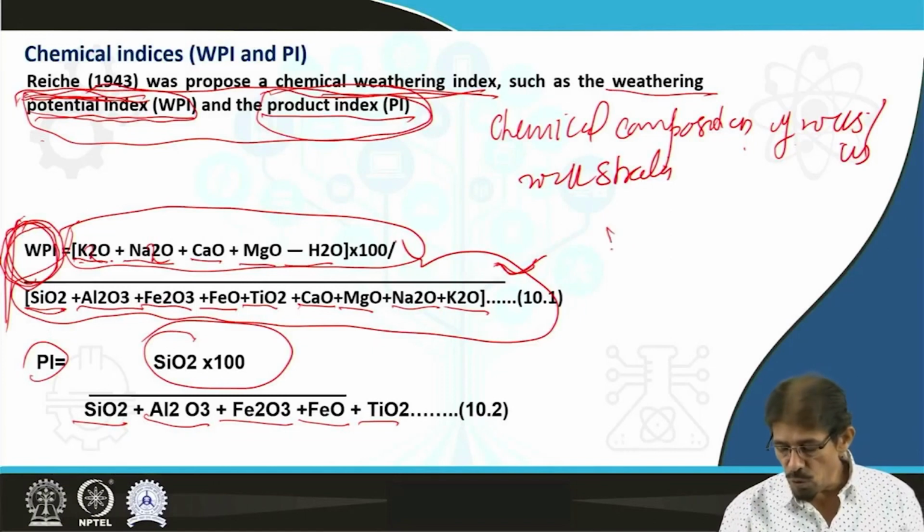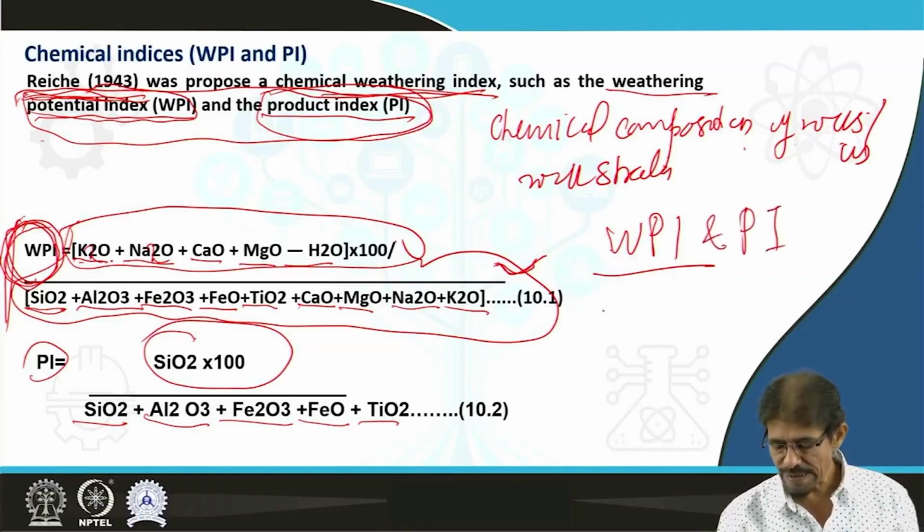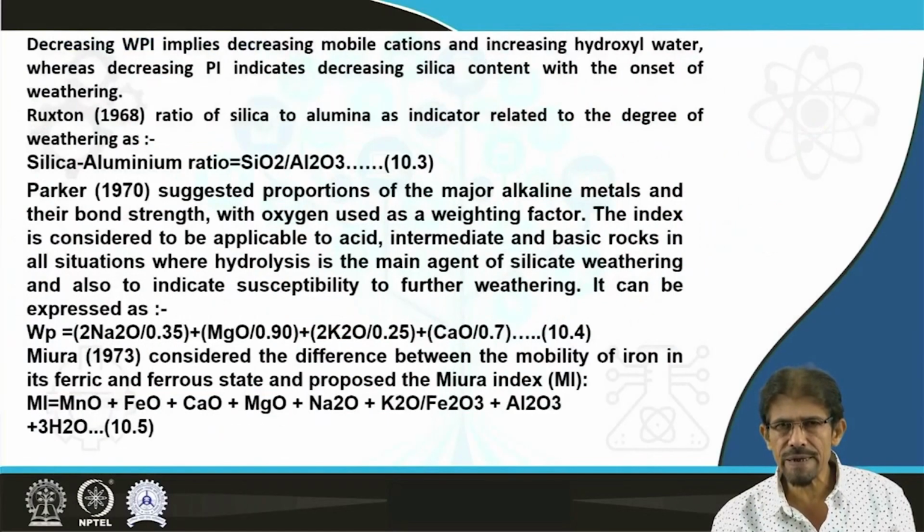This WPI, weathering potential index, and product index are able to provide the chemical stability of the rocks and indirectly define the weathering.